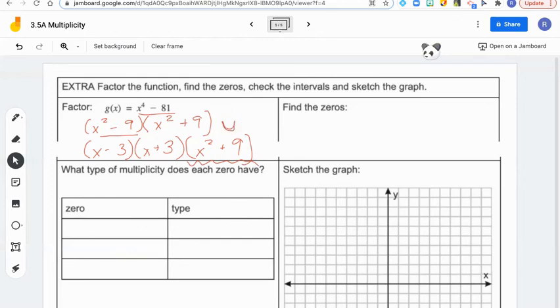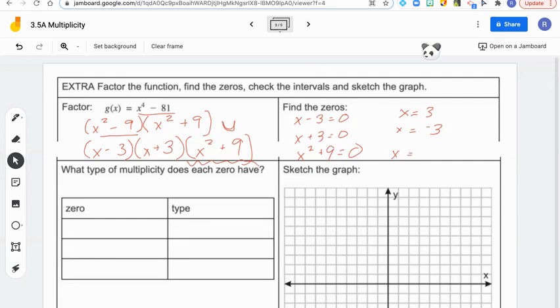That zero is going to happen somewhere besides the x-axis. So I'm going to have x minus 3 is a 0, x plus 3 is a 0. Technically, x squared plus 9 is also 0. So we have one at 3, we have one at -3, and we have this imaginary one.